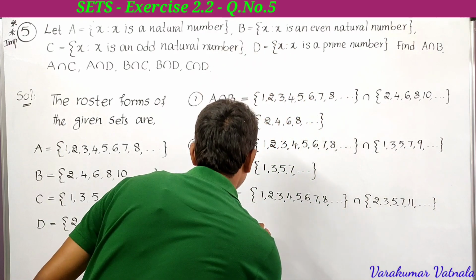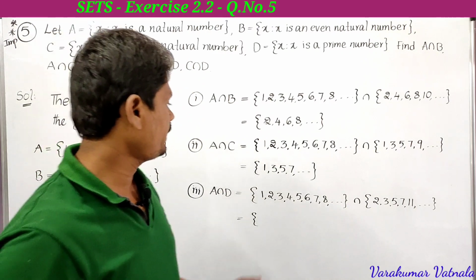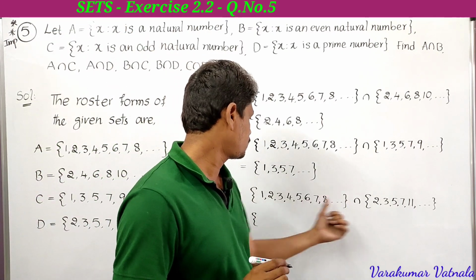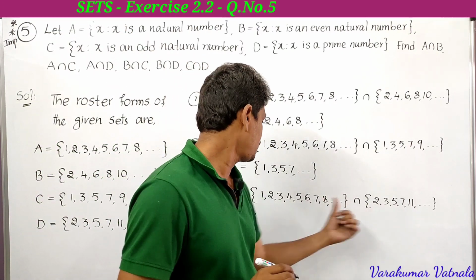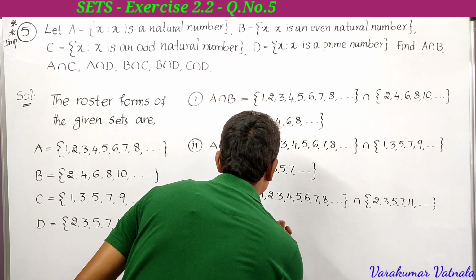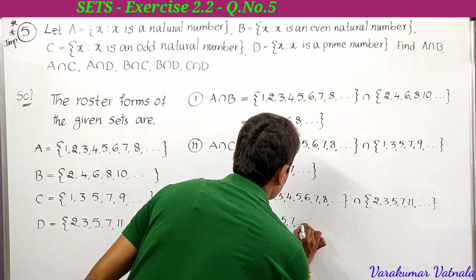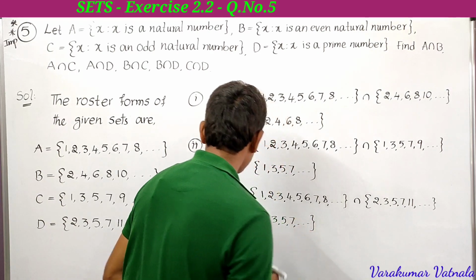Now we have to find the intersection of these two, so we identify the common elements. Yes, 2, 3, 5, 7. These are the common elements, 2, 3, 5, 7 and so on.